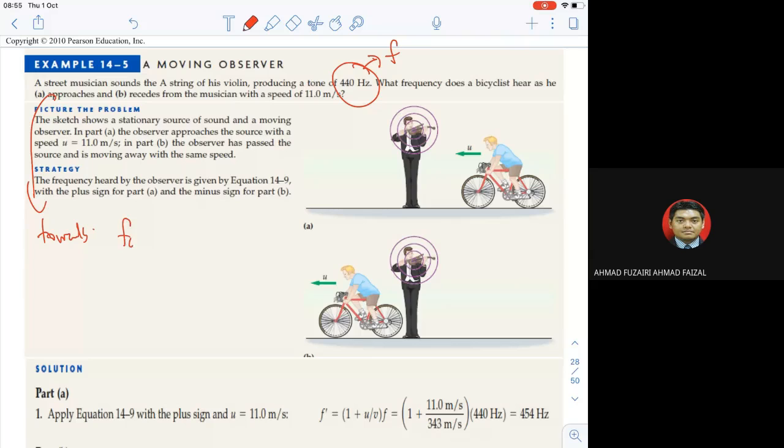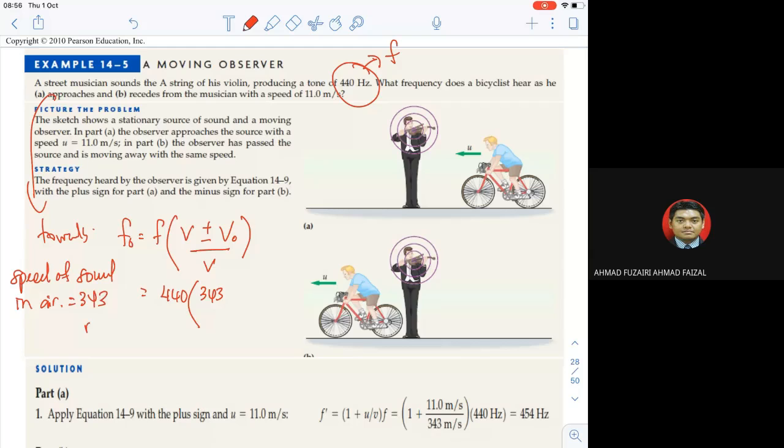So try to use the equation. f O equals f times V plus or minus V naught over V, where V is the speed of sound. So 440 times 343. I forgot to tell you the speed of sound in air: the medium here is air, so it is 343 meters per second.